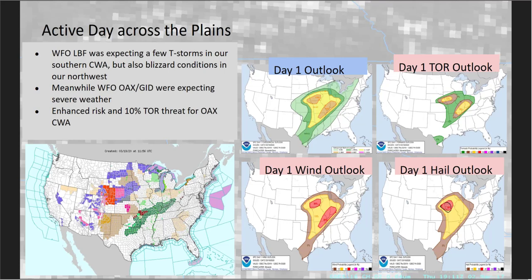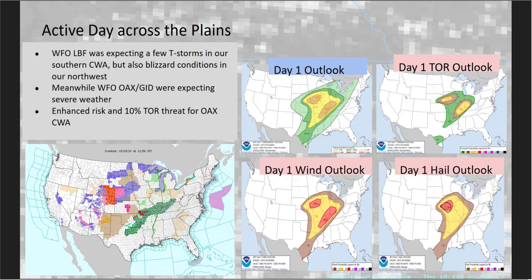Meanwhile, the severe potential was there as well. So you can see the day one outlook there for an enhanced risk across eastern Nebraska, southeast Nebraska, which included a 10% tornado outlook, along with some hail and wind, hatched hail outlook area there.